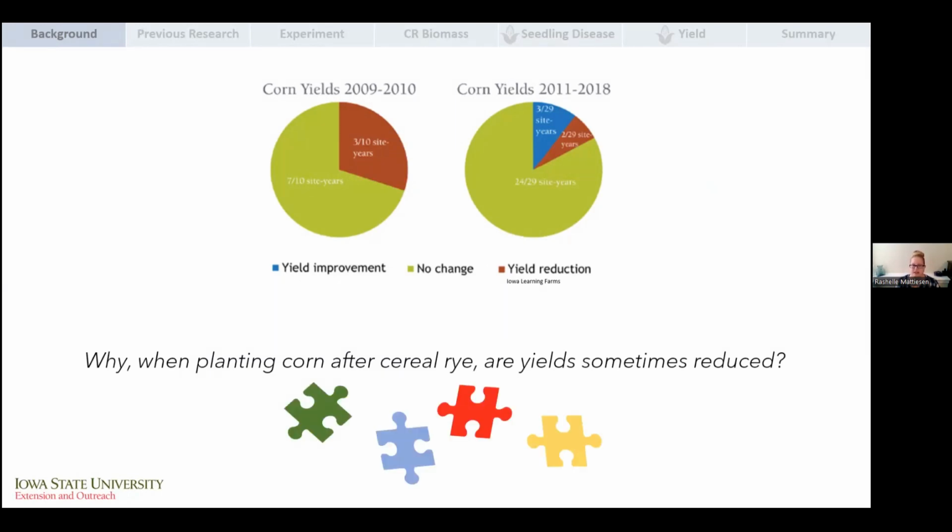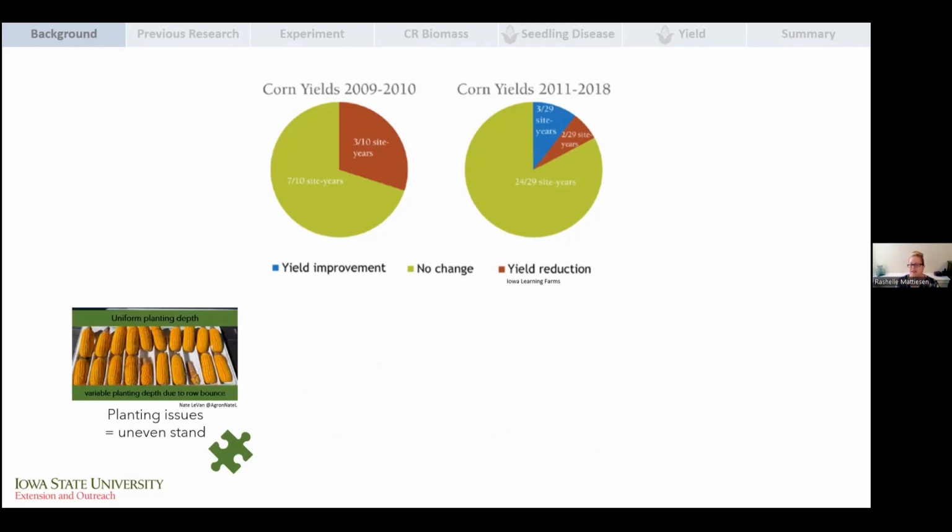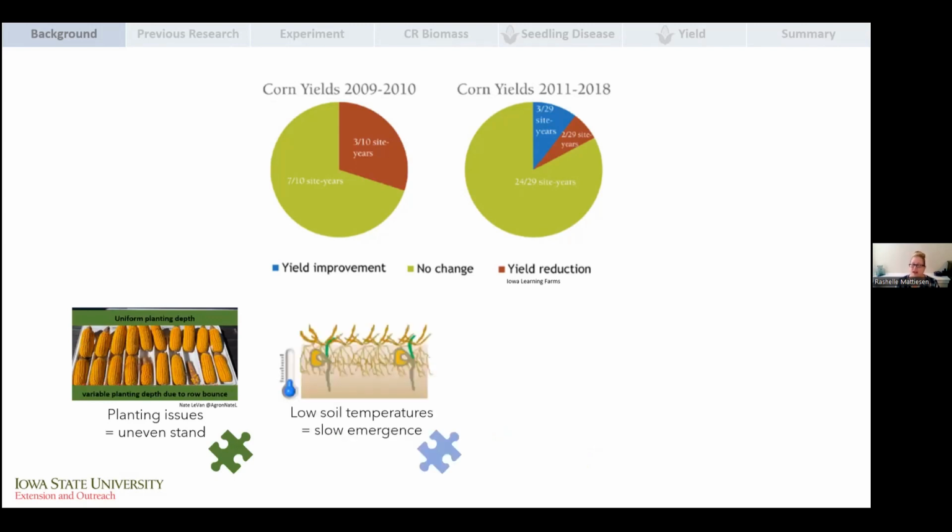So I look at this as there's many puzzle pieces that make up the puzzle of yield drag. And one of those puzzle pieces is planting issues. So you can have uneven stand when you're planting your corn into the cereal rye. You can have low soil temperature from that rye, keeping the temperatures lower, so you have slow emergence of the corn.